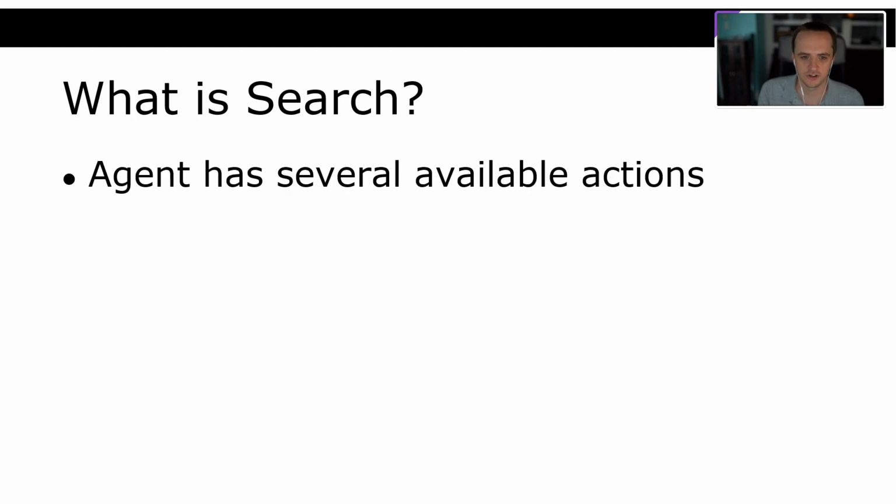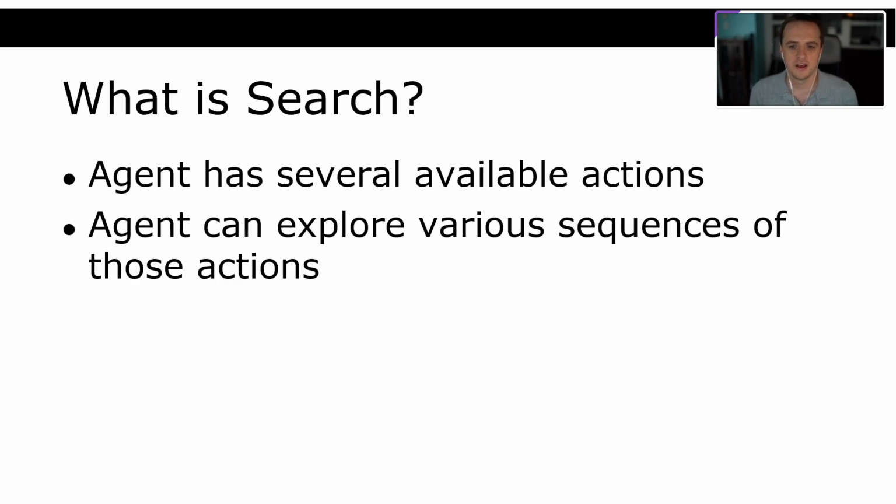So what is search? All right, so at any given time that the agent is in its environment, it's going to have several available actions, right? It's going to be able to go up, down, from this node to this node, maybe jump or shoot a bullet or something like that. And the agent can explore various sequences of those actions.